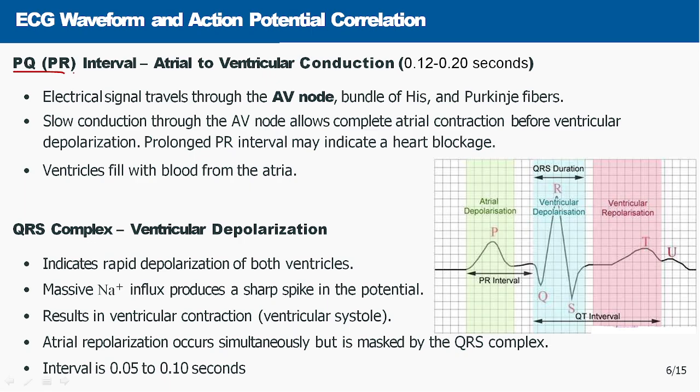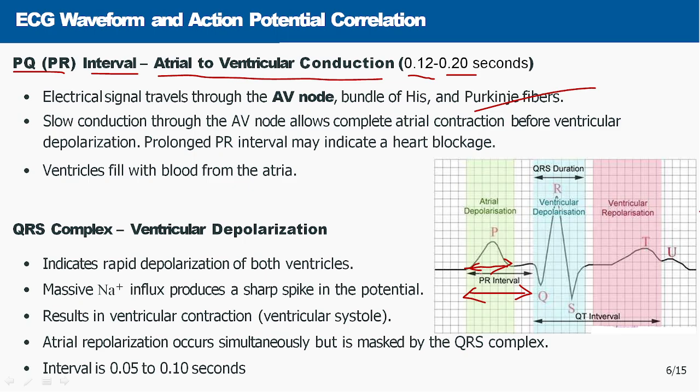So, this PQ or PR interval is your atrial to ventricular conduction. In this curve you will find that the PR interval is from 0.12 to 0.2 seconds, because as we have discussed, this region is 0.11 second in the previous slide.